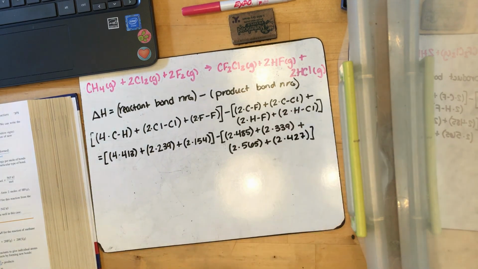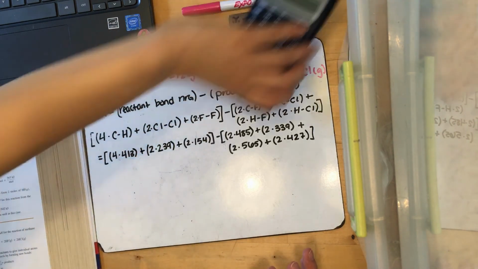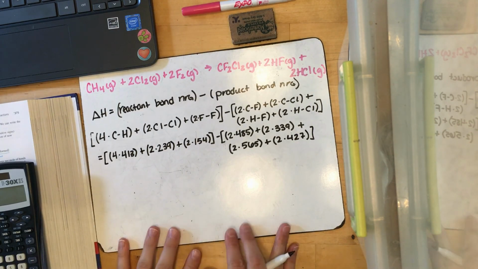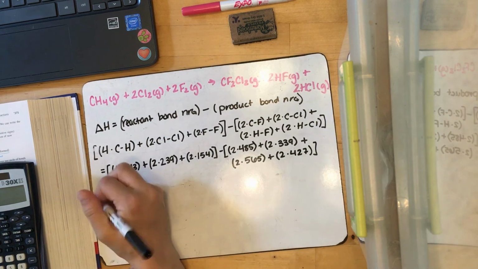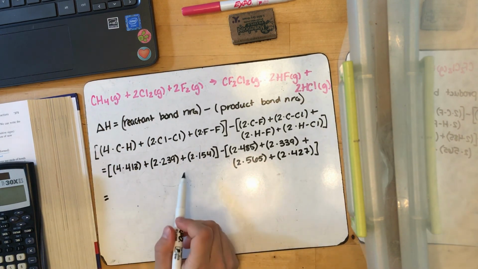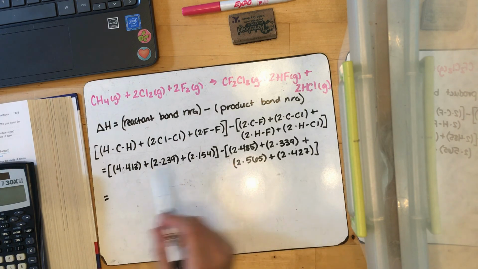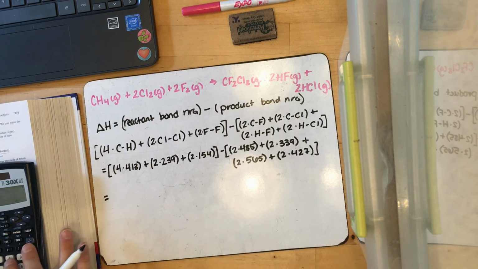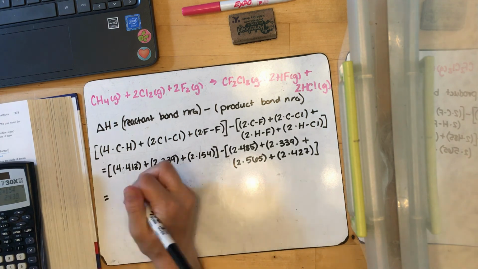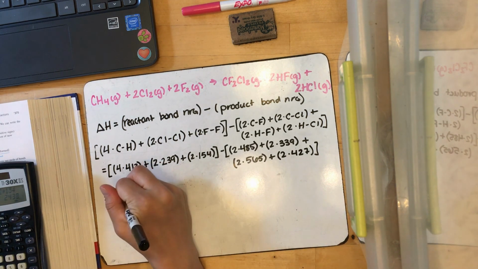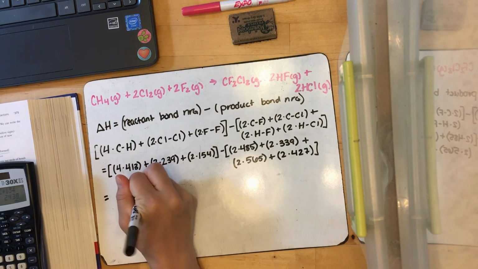So these are the individual bond energies of each of the bonds that's either being broken or formed in our reaction here. Then what we can do is add up these totals on each side. Our reactant total here is 2,438.